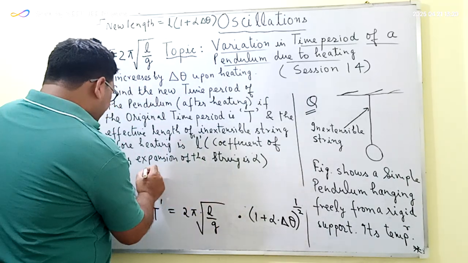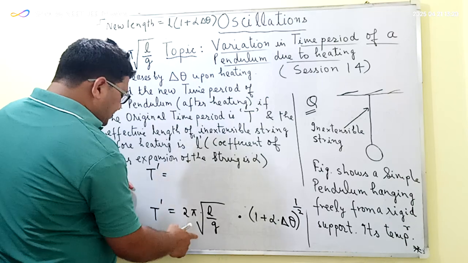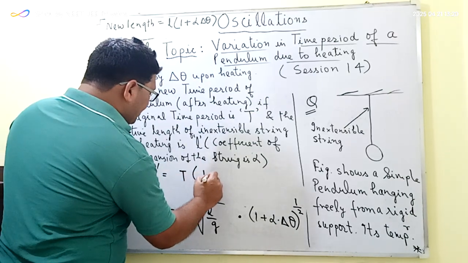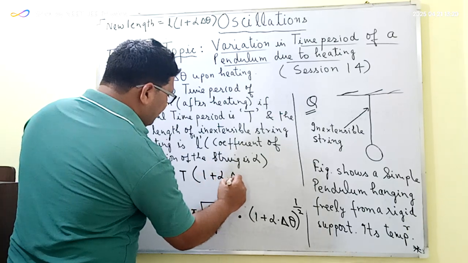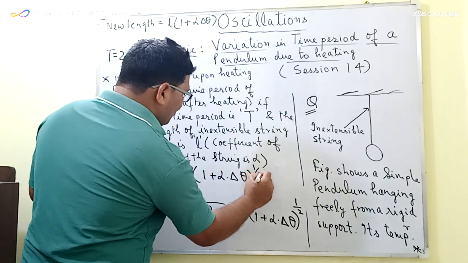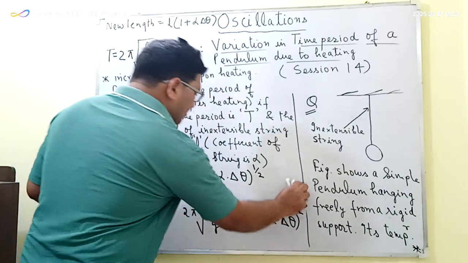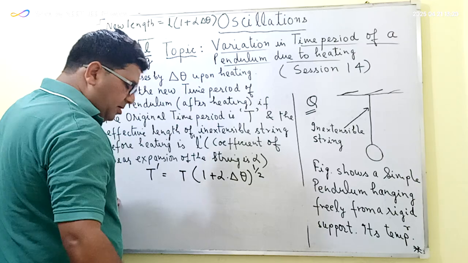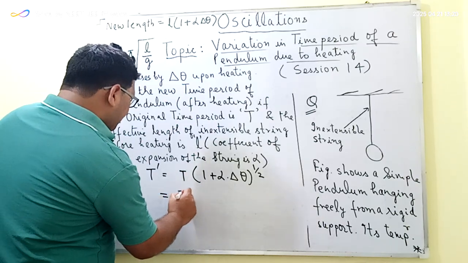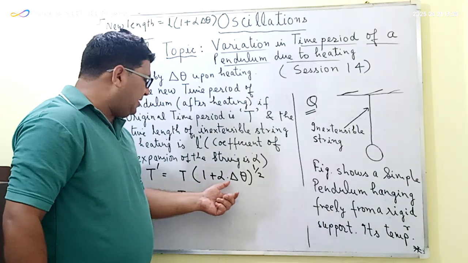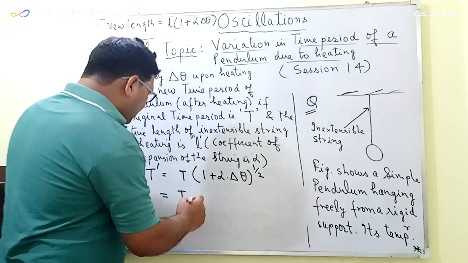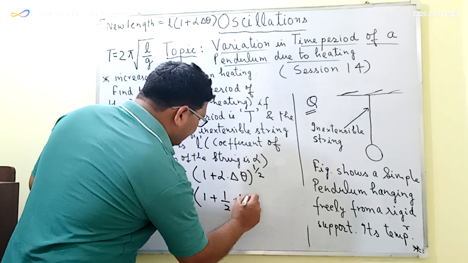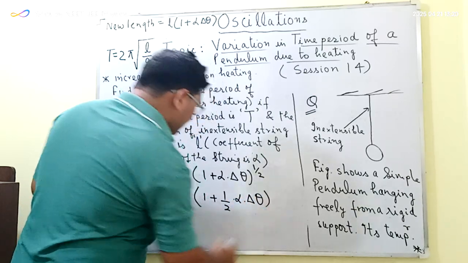Now this is equal to the original time period, which is equal to T, multiplied by 1 plus alpha into delta theta to the power 1 by 2. Now by using the binomial expansion, this value, 1 plus alpha into delta theta to the power 1 by 2, can be written as 1 plus 1 by 2 into alpha into delta theta.